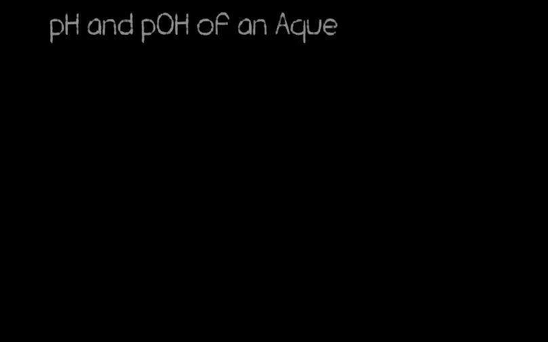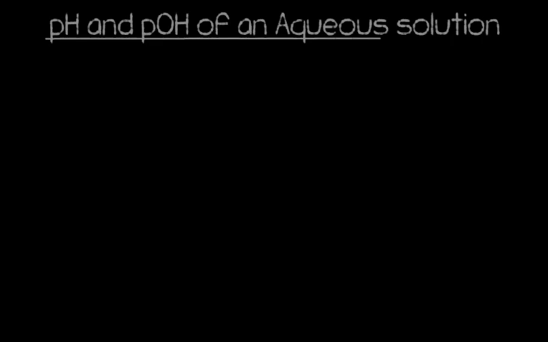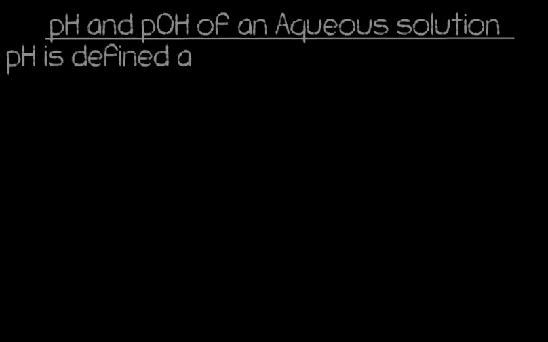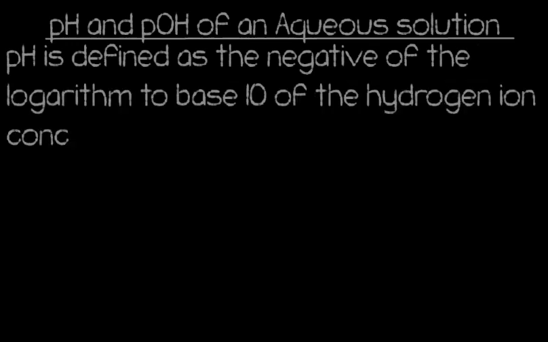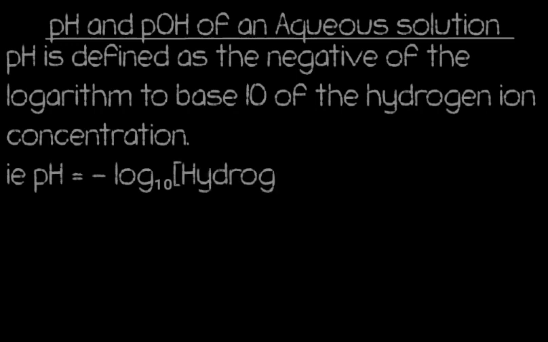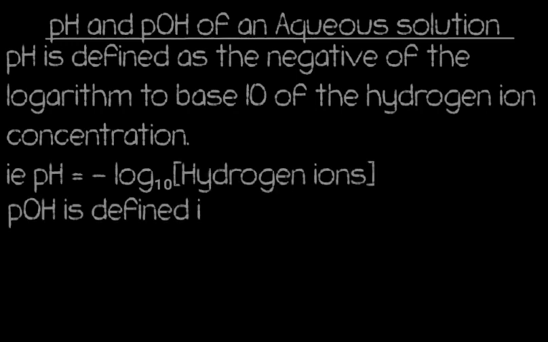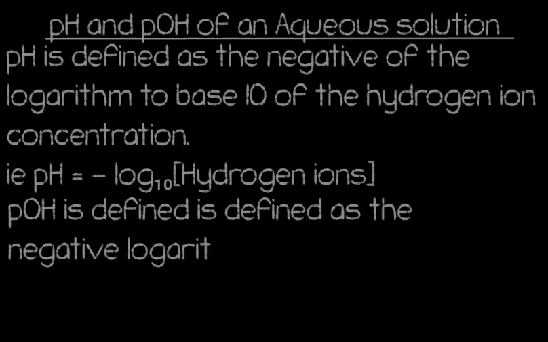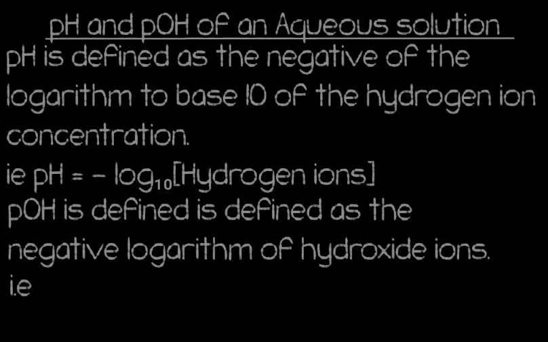So let's start. The pH of an aqueous solution. The pH is defined as the negative logarithm to the base 10 of the hydrogen ion concentration. What I said earlier, the pH is equal to the negative logarithm of the hydrogen ion. pOH is defined as the negative logarithm to the base 10 of hydroxide ions.